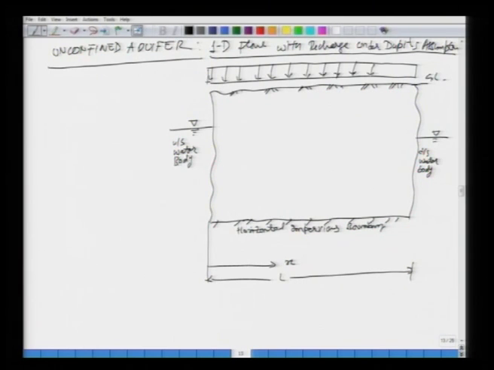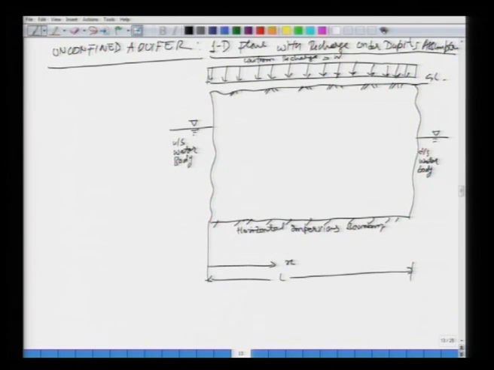This may be the infiltration due to rainfall or any other artificial means. This is your uniform recharge, and the rate, let us say, is W, like we had defined earlier.